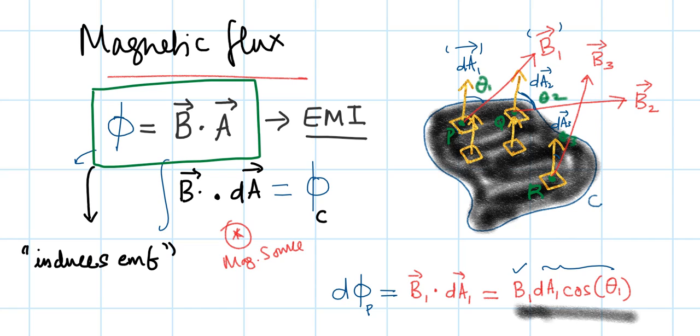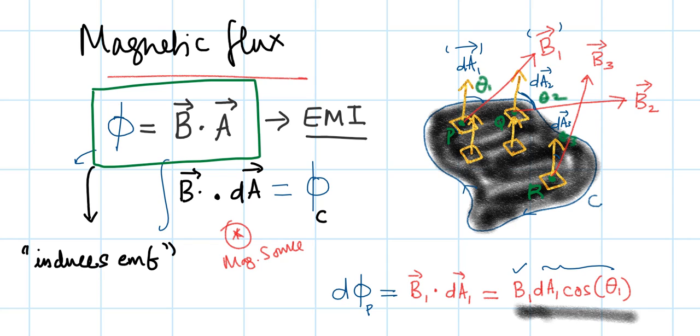And once this quantity changes, there will be an EMF that will induce a current along the path C. The direction of the current induced will depend on how the magnetic flux changes.